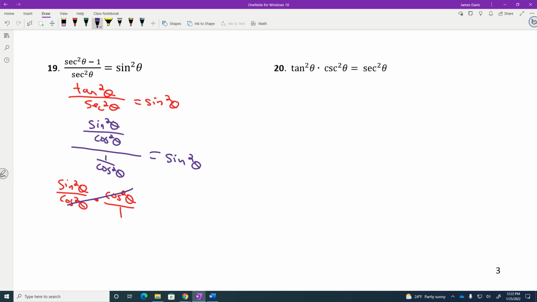We then get this cancellation. And then we just have sine squared equals sine squared. Okay, so we verified that.